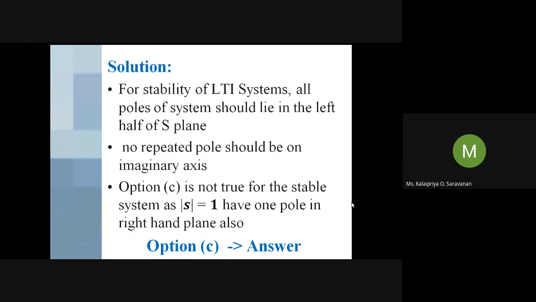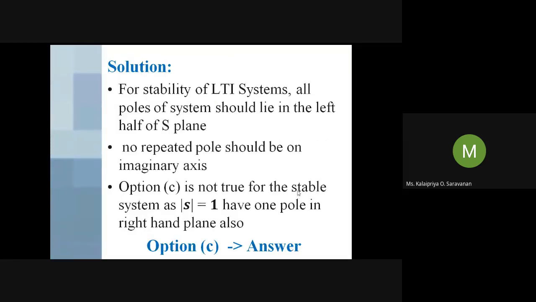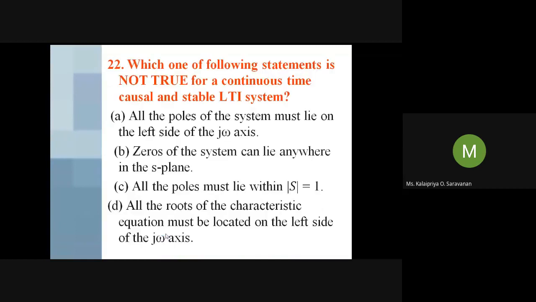According to this option, there will be only one pole which is lying on the right hand plane. So then you can observe that option C is not true for a causal and stable LTI system, whereas A, B, D, all the other options are true for a causal and stable LTI system.